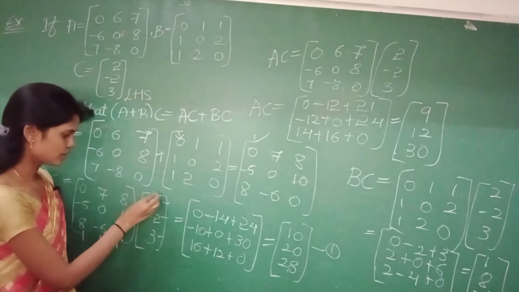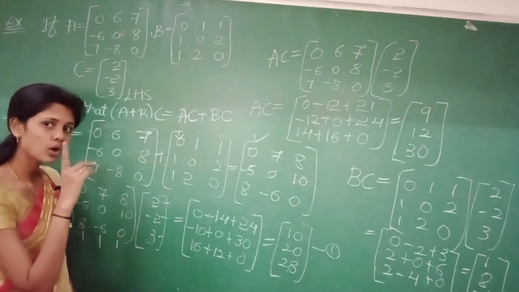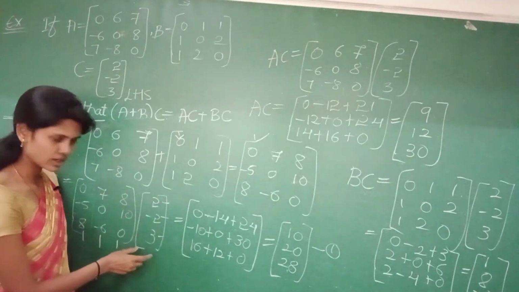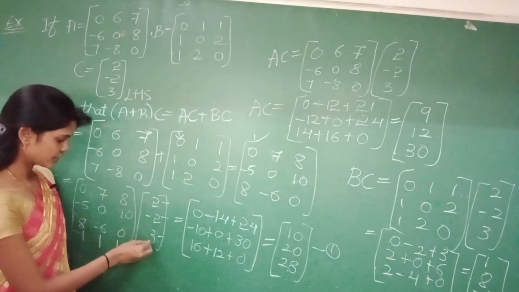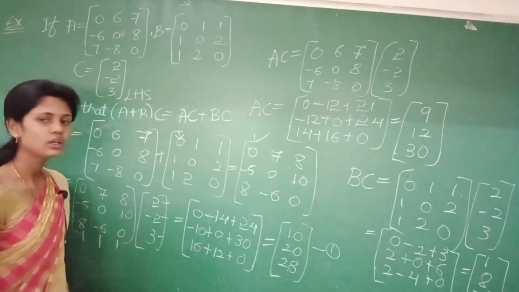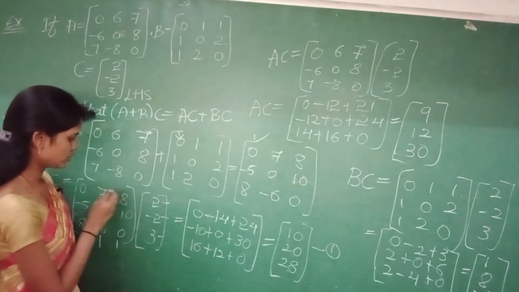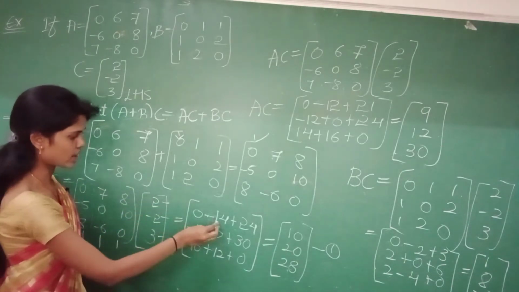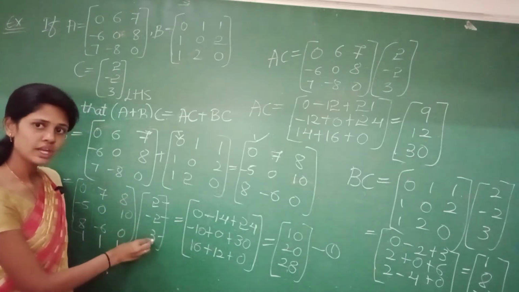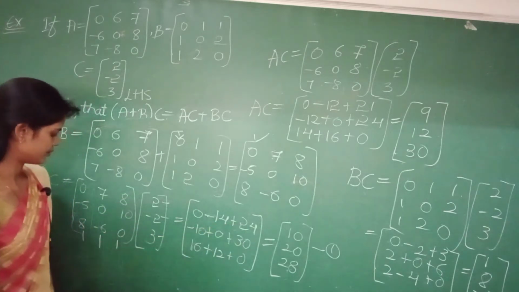So first row into the column; we have only one column, it is a column matrix, right? Then second row into the column and third row into the column. 0 into 2 is 0, 7 into minus 2 is minus 14, 8 into 3 is plus 24.